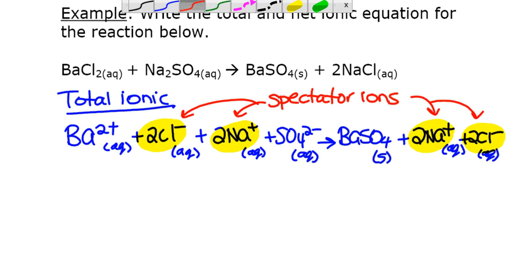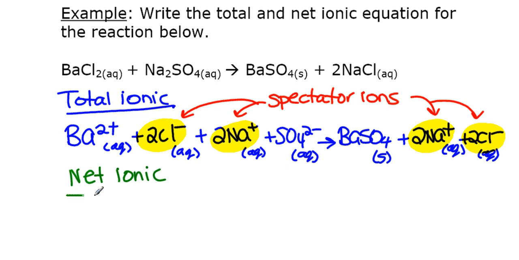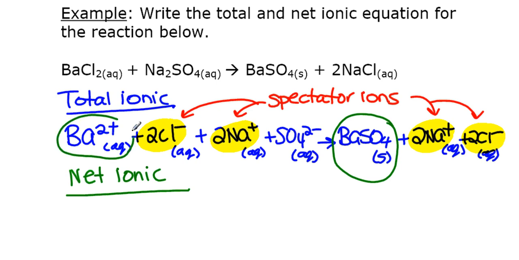Next, we can work on our net ionic equation. So again, remember, net ionic equation just shows what goes into making our new product. Our new product is barium sulfate. So what we should only need for that are the barium ions and the sulfate ions. And that's what our total ionic equation shows us.